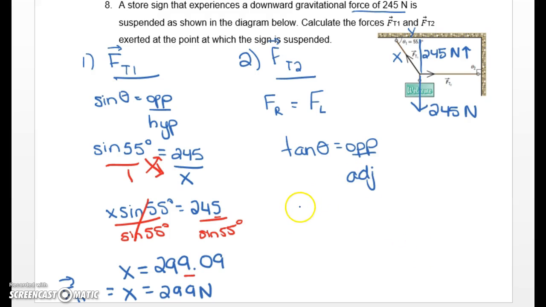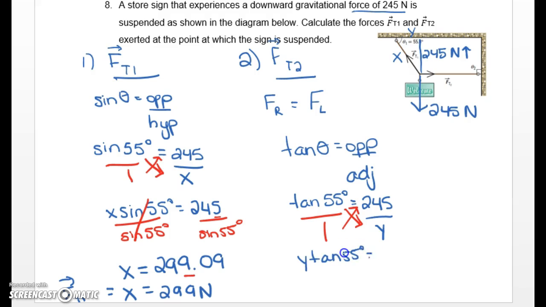So I'm going to plug in my information here. We have tan of 55 degrees is equal to my opposite, which is 245, over my adjacent, which I labeled as y. I'm going to write tan of 55 over 1 so I can cross multiply to solve. So we have y times tan of 55 is equal to 245.